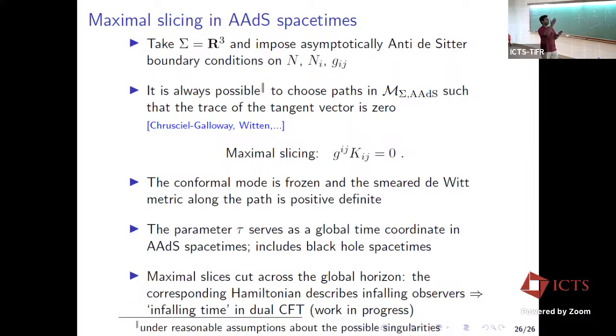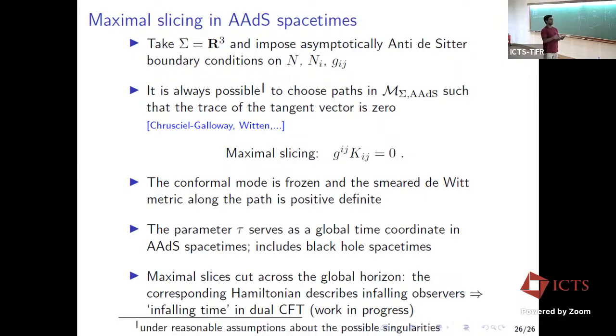These theorems by Chruściel and Galloway, which were also looked at by Witten in a recent paper, and many other relativists, tell us that such slicings are always possible when you impose these asymptotically anti-de Sitter boundary conditions under some reasonable assumptions about the occurrence of singularities in the spacetime.